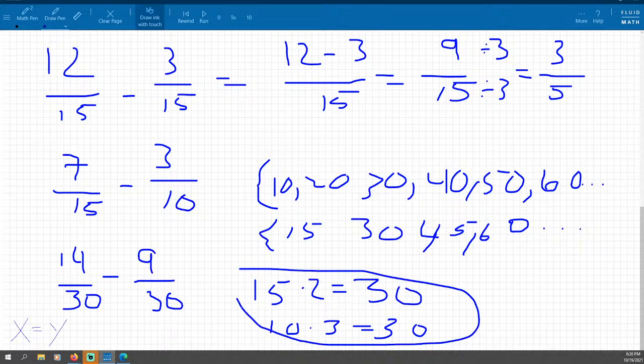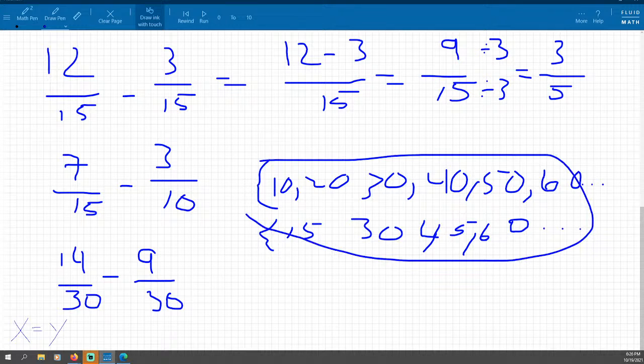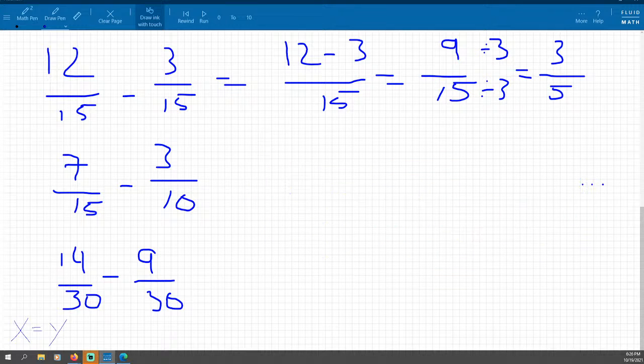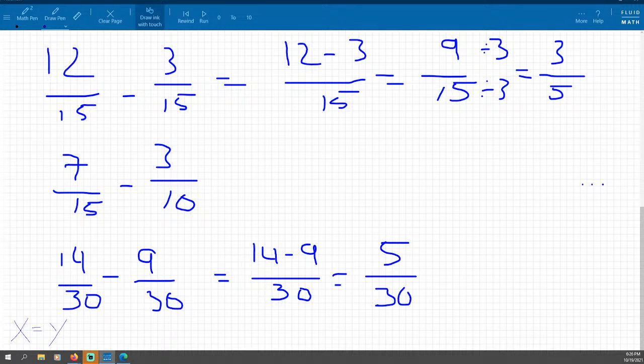Now what we can do is, remember now it's 14 minus 9 over 30. 14 minus 9 is going to equal 5. 5 over 30.